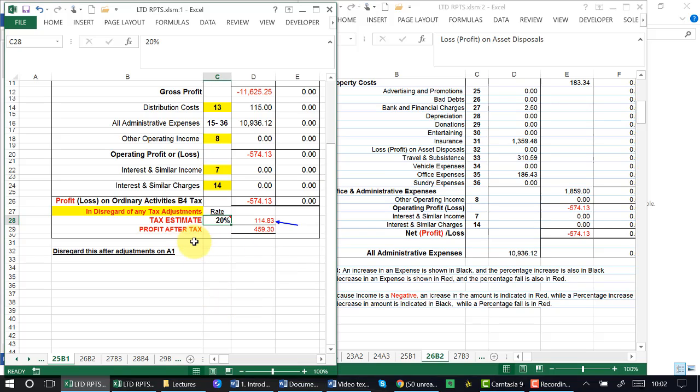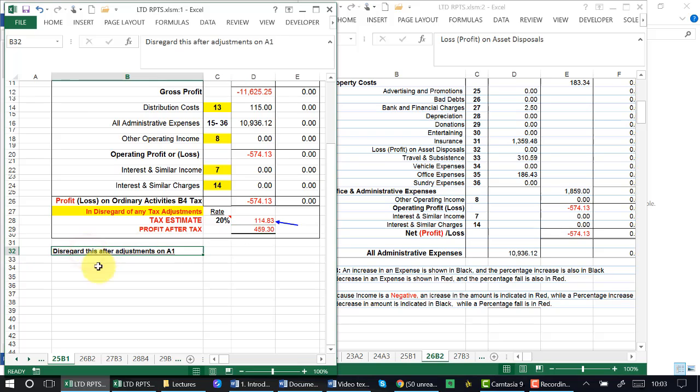That figure there is 20% of that one there, and this one is the 80%, which practically we shouldn't use a formula in. The formula in that case should simply deduct that from that one, and whatever is left is the profit after tax.